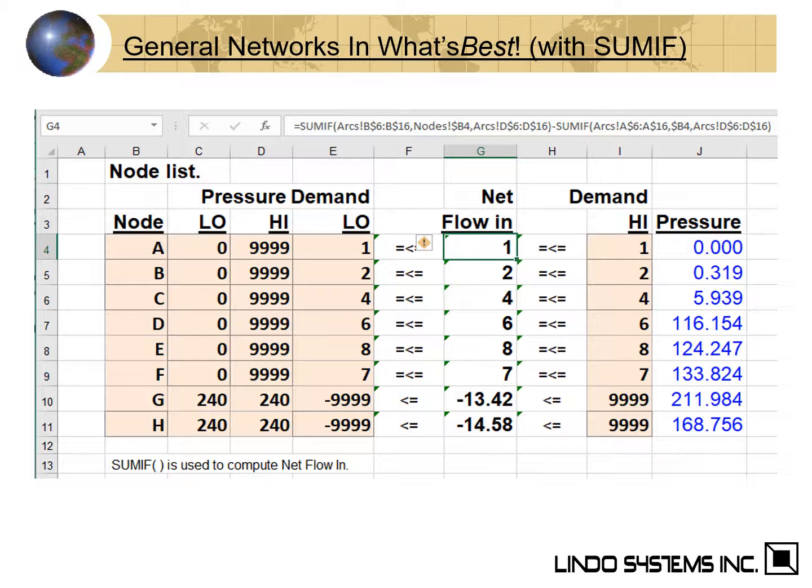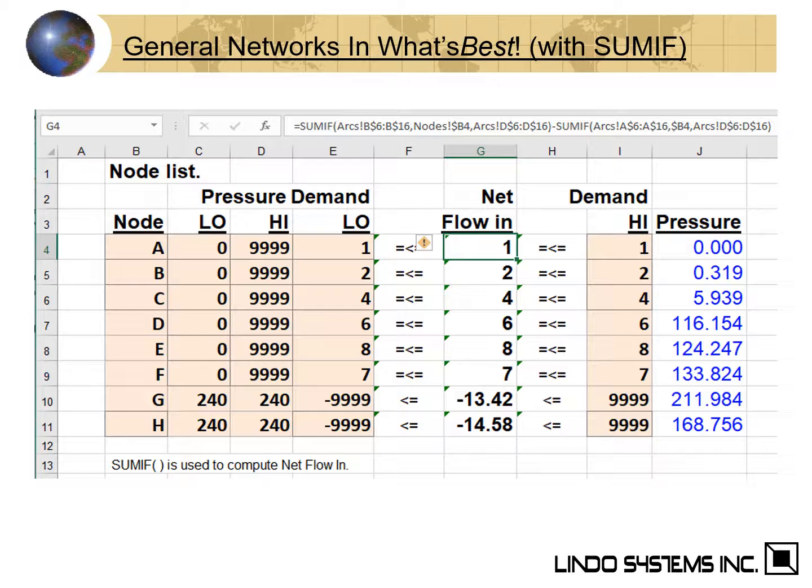Here again, you would have a node list, and here's what the node list looks like. We have the low and high for the pressure in columns C and D. And then in columns E and I, we list effectively the demands. So in node A, for example, it has to have at least one shipped in.